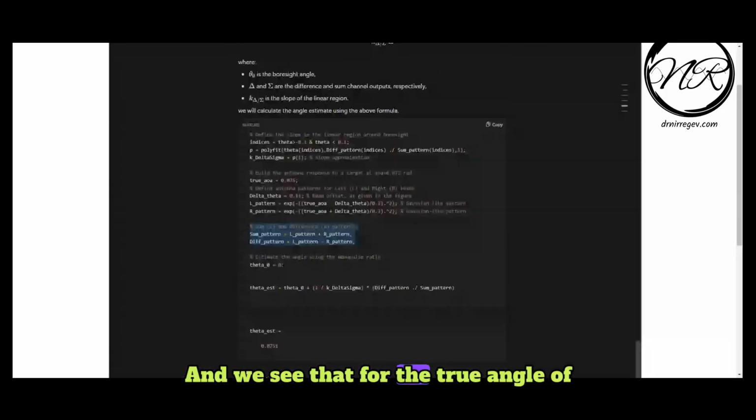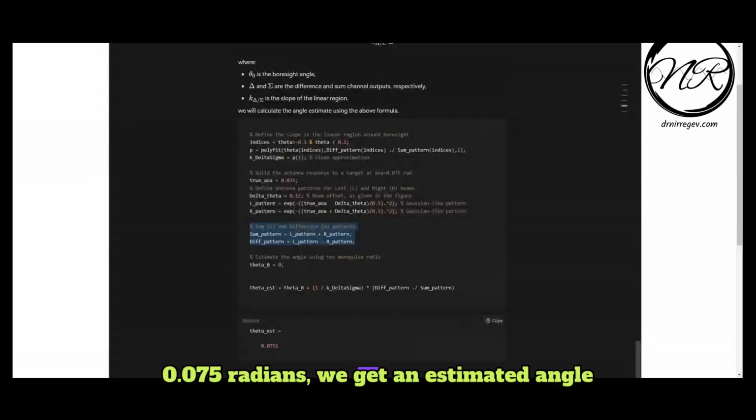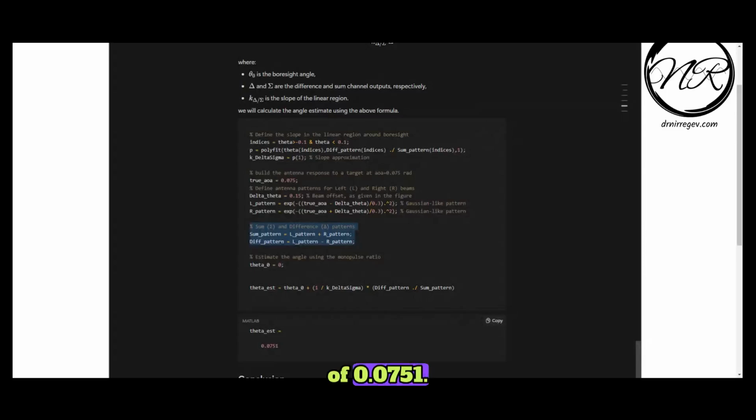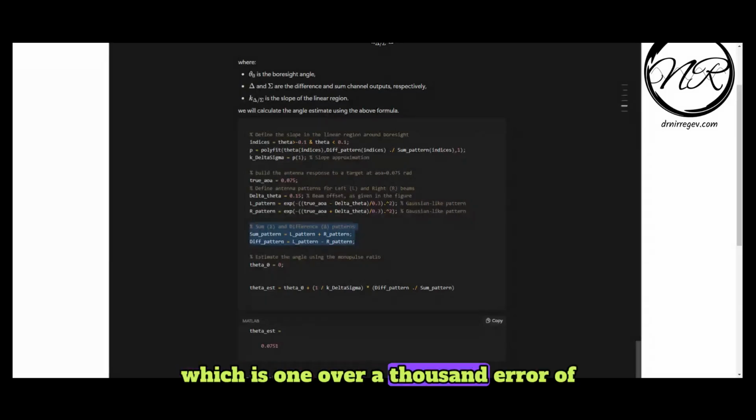And we see that for the true angle of 0.075 radians, we get an estimated angle of 0.0751, which is 1 over 1,000 error of a radian overall, which is not bad at all.